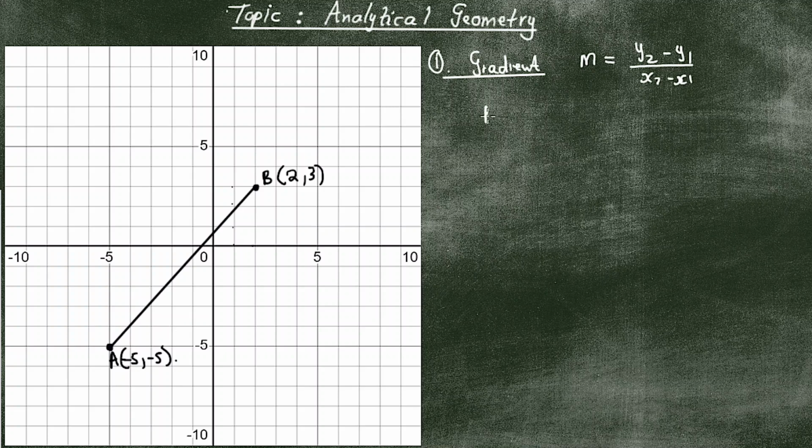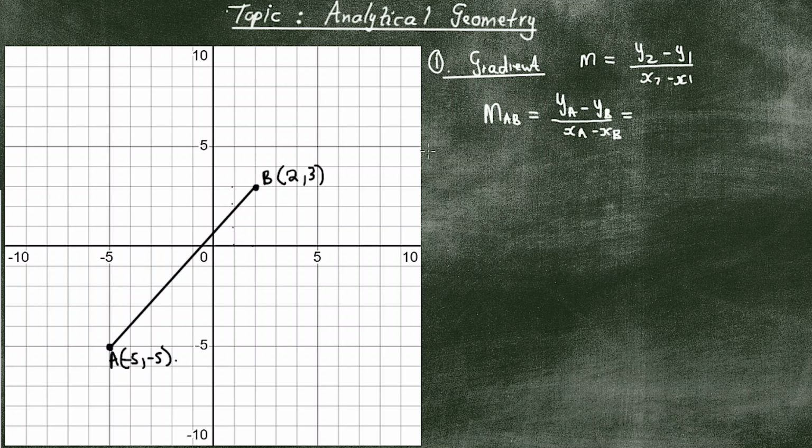So the gradient between A and B is equal to y A minus y B over x A minus x B. So this is how we're going to use the formula here too.